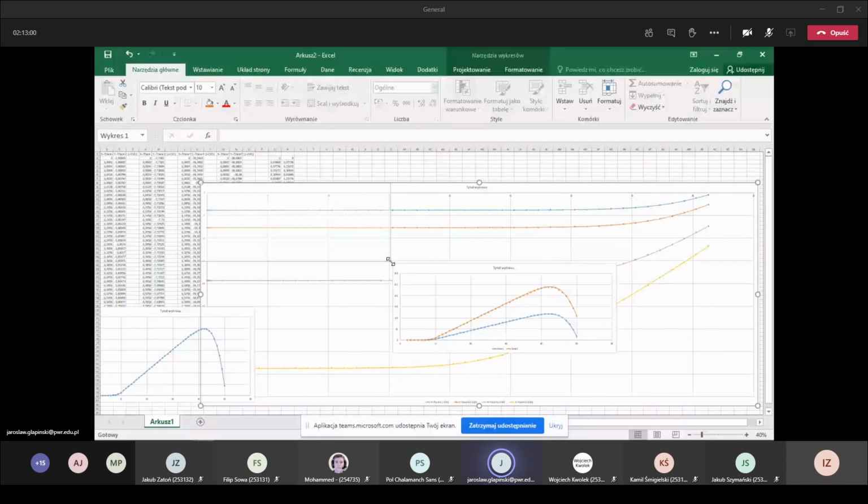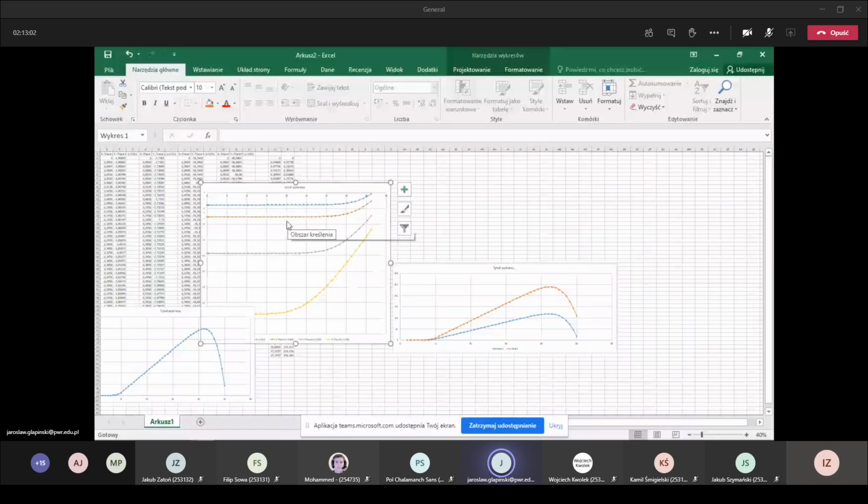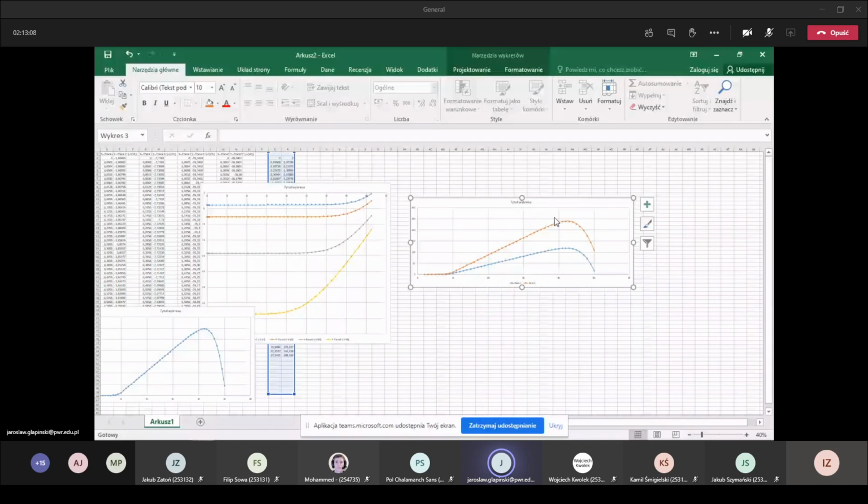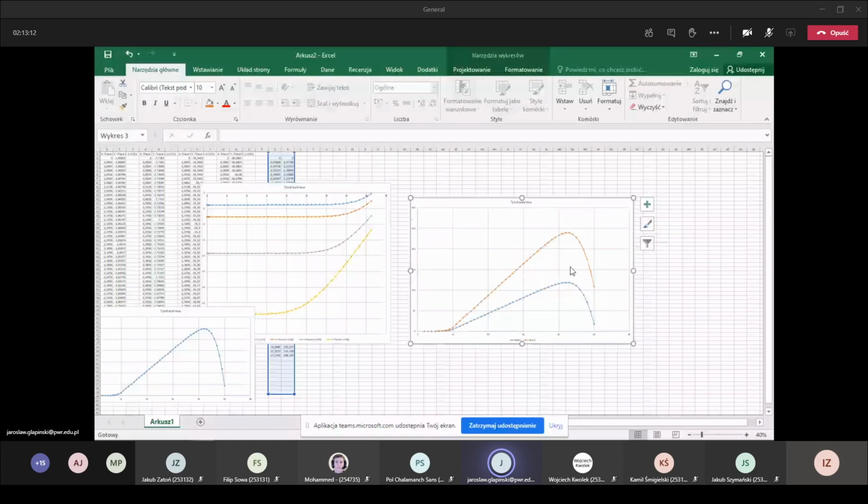Can you see it? This is voltage current, and this is the power of the element. So we multiply voltage by current. So this is the power of the element. So here we should have the highest efficiency of these elements, because otherwise we lose something.